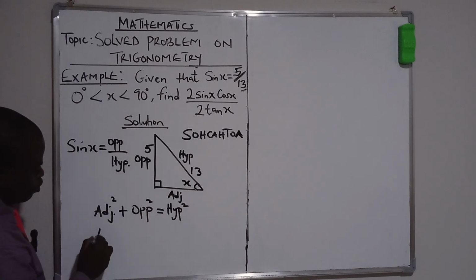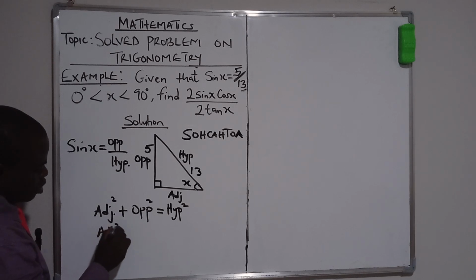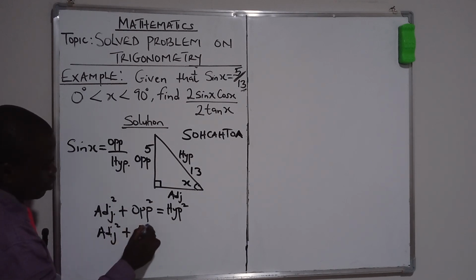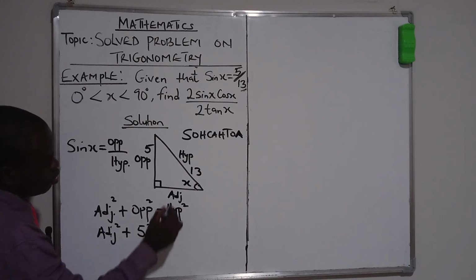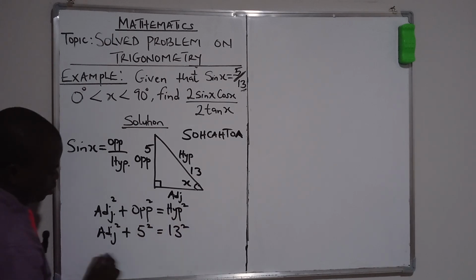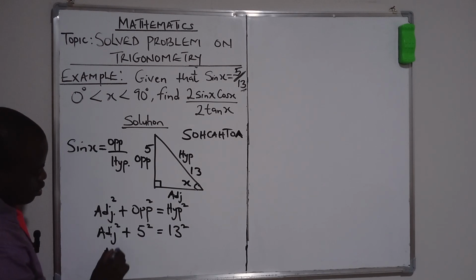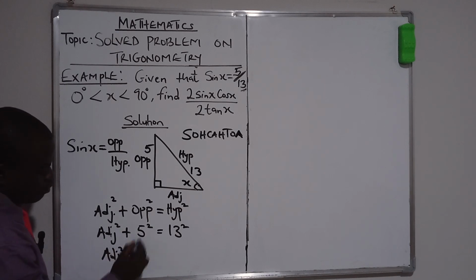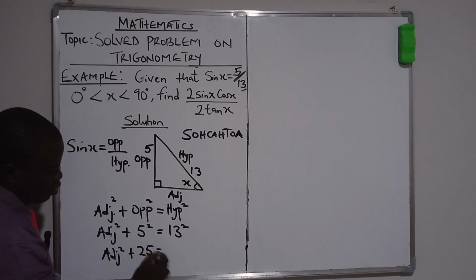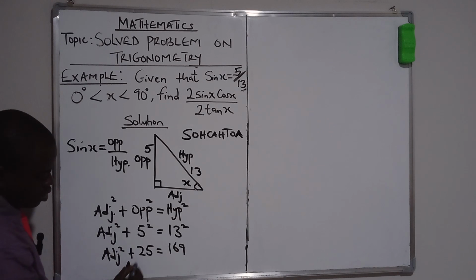What is the adjacent? Is that what you are looking for? Adjacent squared plus opposite, which is 5 squared, equals hypotenuse 13 squared. Adjacent squared plus 25 equals 169. Collect the like terms.